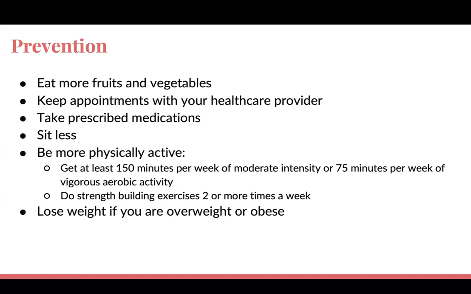Try to be more physically active, getting at least 150 minutes per week of moderate intensity exercise or 75 minutes per week of more vigorous aerobic activity. You can also do strength building exercises and lose weight if you are overweight or obese.